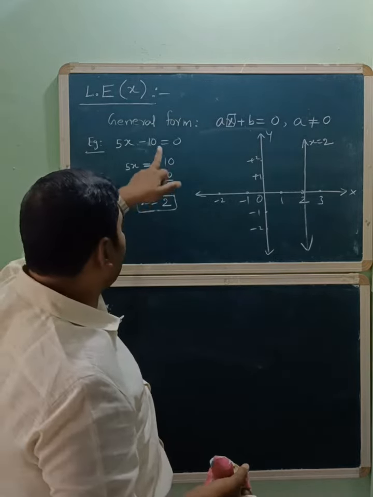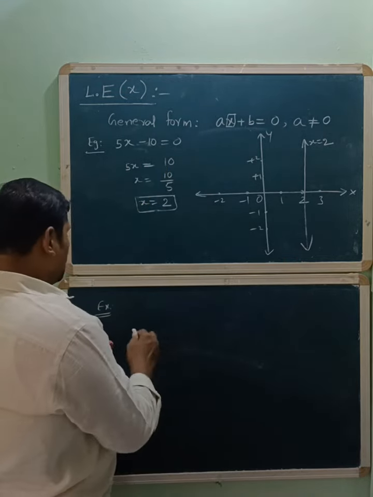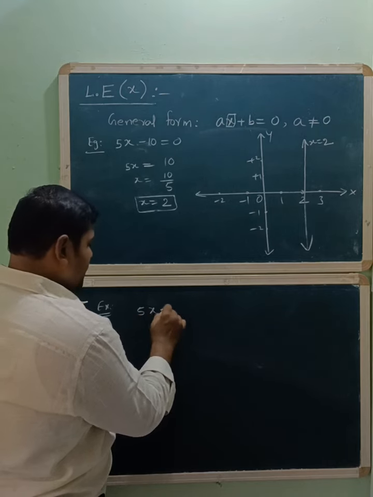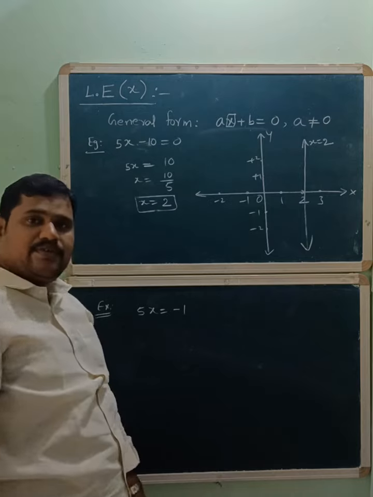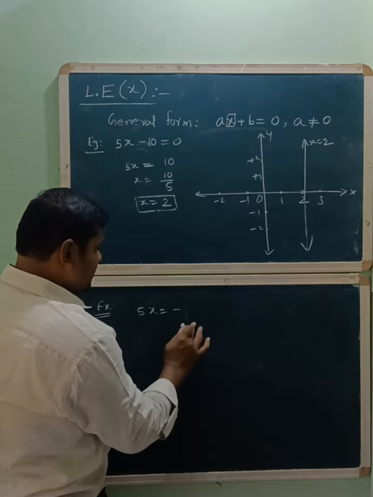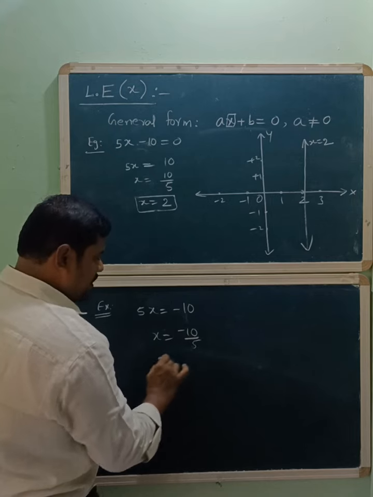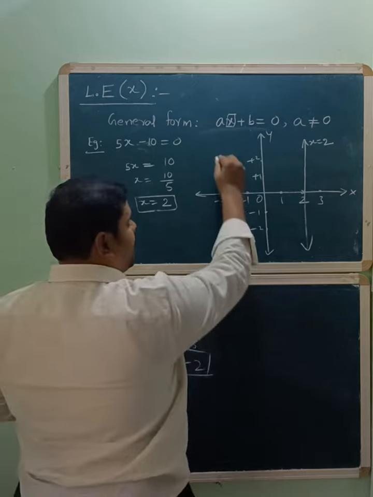Suppose you take another example in the variable x. 5x is equal to minus 10. Then x is equal to minus 10 by 5. Then x is equal to minus 2. So what is the graph of x is equal to minus 2?